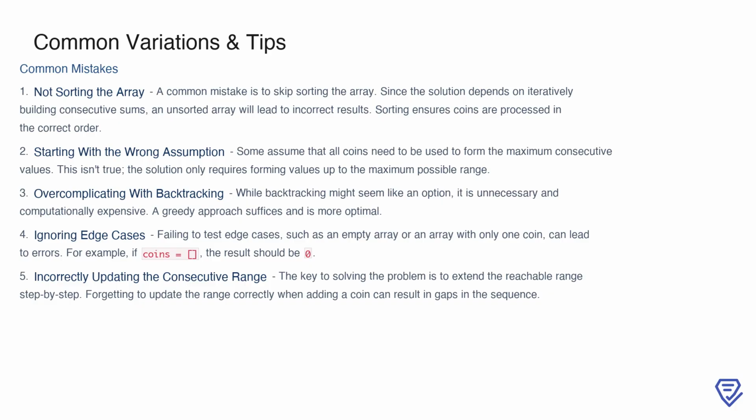For example, if the array is empty, the result should simply be 0. Lastly, a critical part of the solution is correctly updating the consecutive range as you add coins. If this step is overlooked, gaps in the sequence can occur, leading to an incorrect result. Paying close attention to these points can help you avoid common pitfalls and implement the solution effectively.